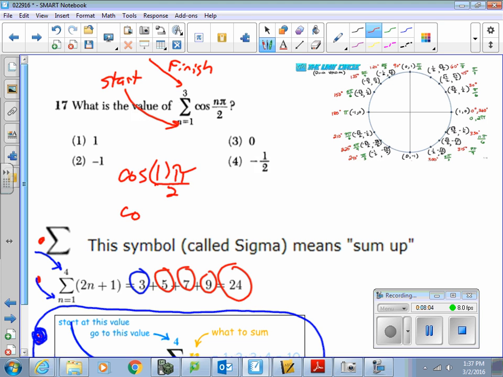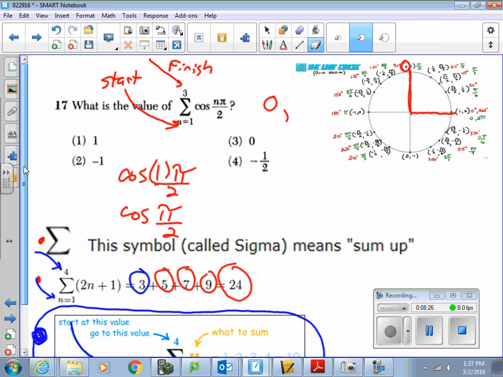That's really the cosine of pi over 2. This goes perfectly with what we've been doing on the unit circle. What is the cosine of pi over 2? Well, look on your unit circle, pi over 2. Our cosine is going to be our x value, which is 0. So our first value we're going to add up is going to be 0.